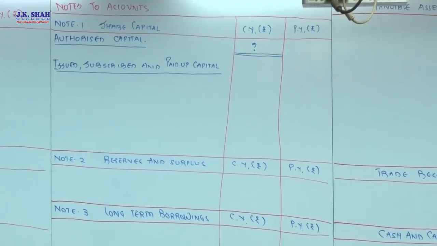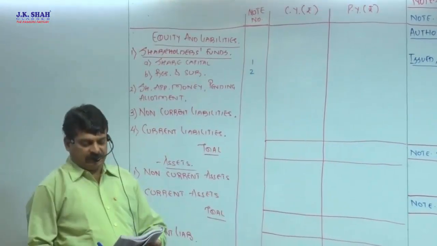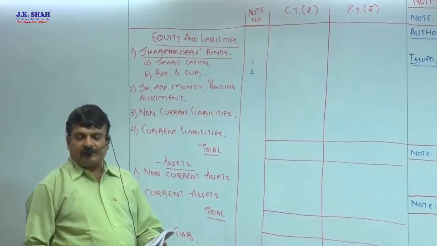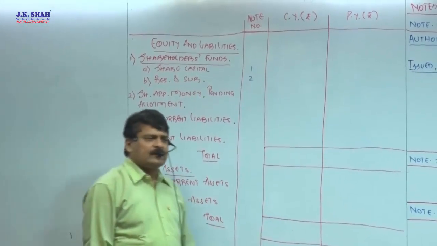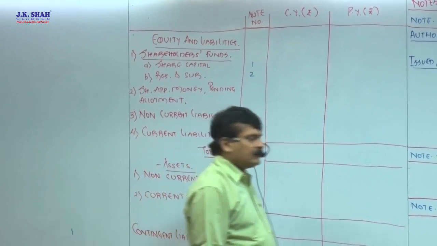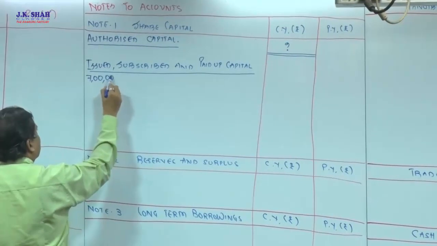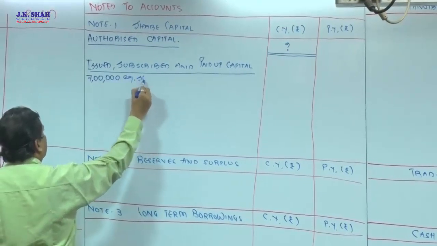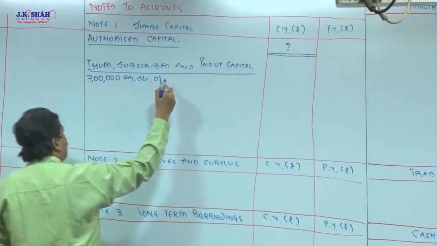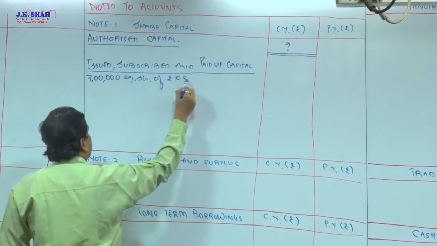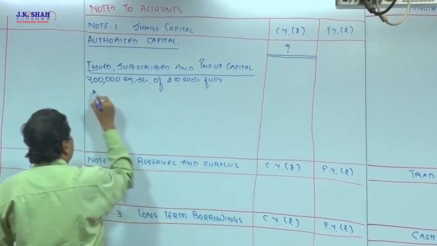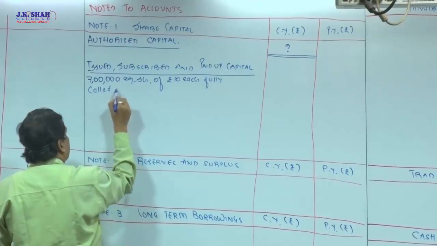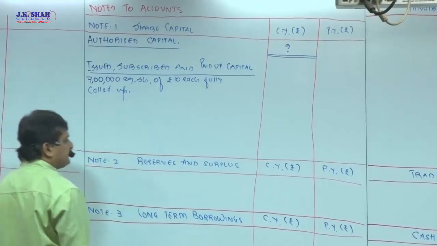Issued capital means figure of trial balance. Look into trial balance. Your amount is 70 lakhs. One share is of 10 each. So can we say number of shares are 7 lakhs? Rather, 7 lakhs equity shares of rupees 10 each, fully called up.